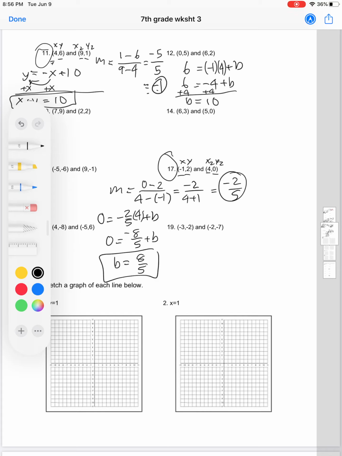Now we have our answer, y equals mx plus b. Put it back into the equation. Negative 2 fifths x plus 8 over 5. Okay? Now because x is on one side, we move it over. 2 fifths x plus y is equal to 8 fifths. Now, we don't really like to see fractions because it just gets really messy.